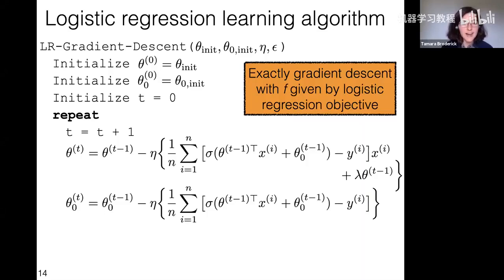Again, it looks like a lot, but it really isn't. It is just the gradients for logistic regression. And remember, we applied the penalty to theta to make sure that we weren't being super overconfident. So we see that penalty showing up in our update for theta, but not for theta naught.